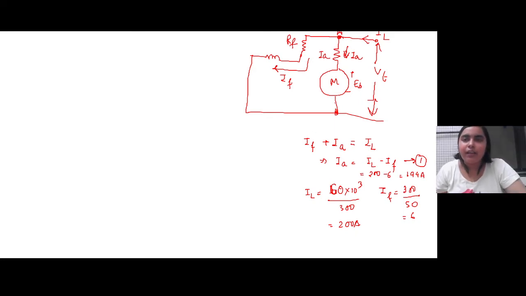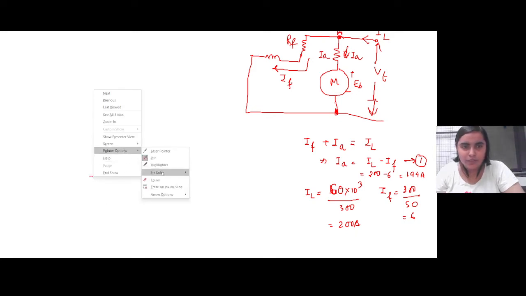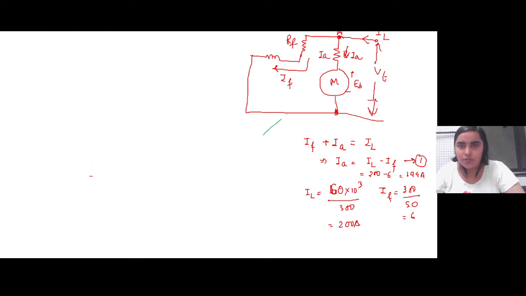Now when we apply KVL in this particular loop, for the motor, the equation that we get is the back EMF is equal to terminal voltage minus the armature drop. So it is 300 minus IA, which is 194, RA is given in the question as 0.02.